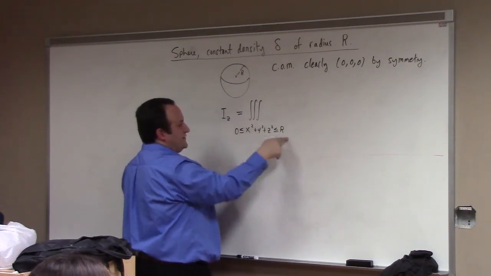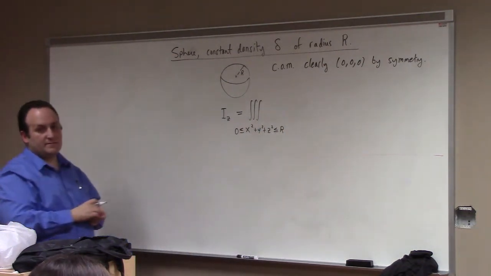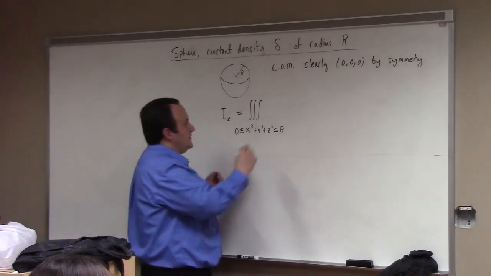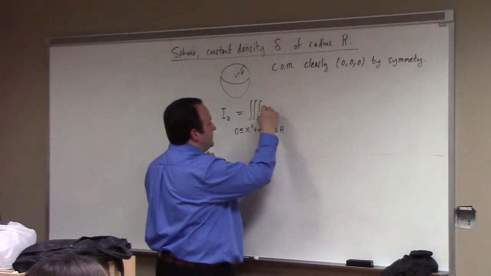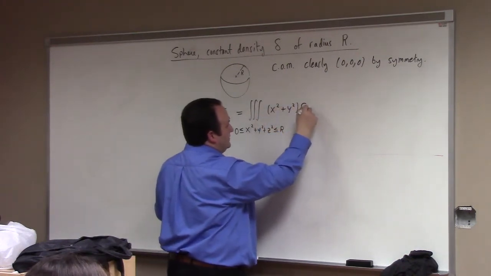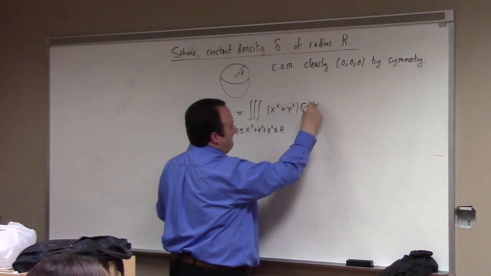It's the set of x, y, z such that that holds. That's the sphere, right? And to calculate the moment of inertia, I'm supposed to calculate what? x squared plus y squared, delta, and then dV.